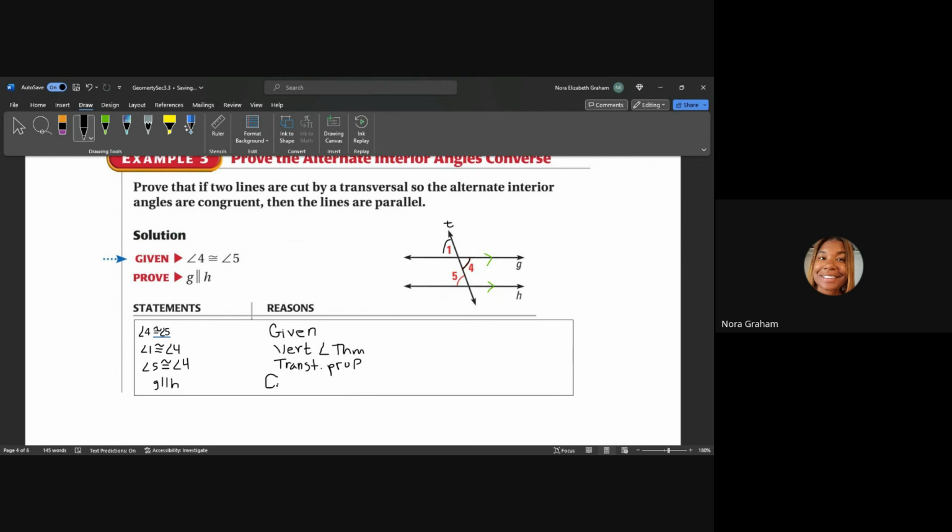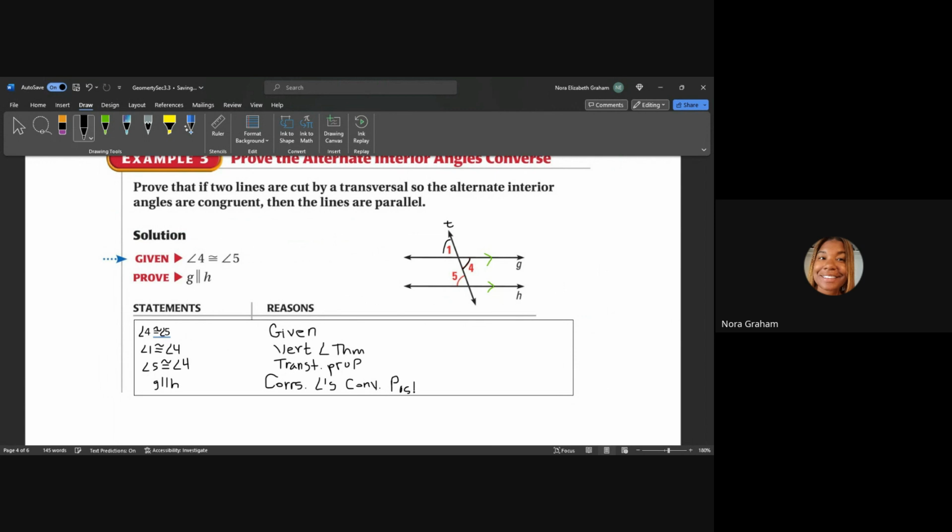So this is by the corresponding angles converse postulate.